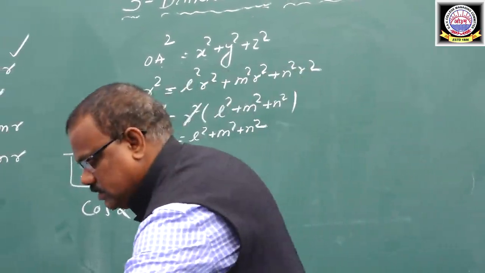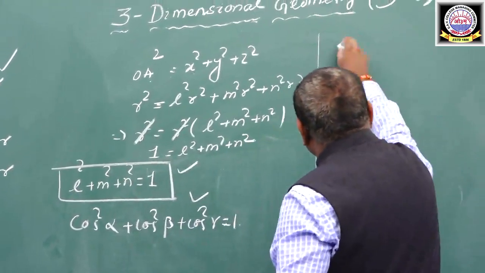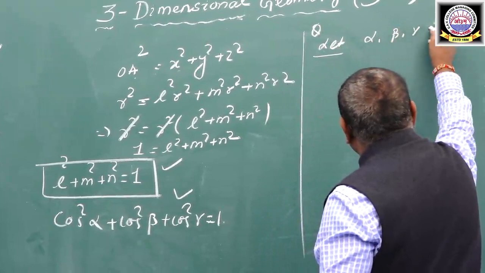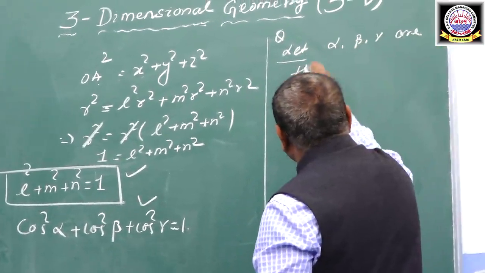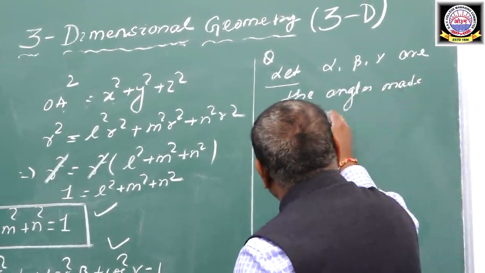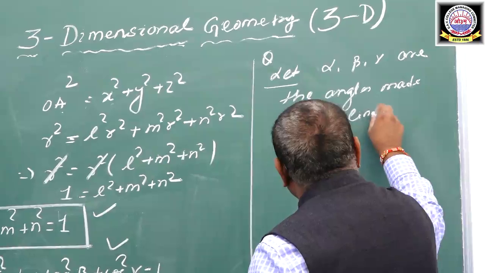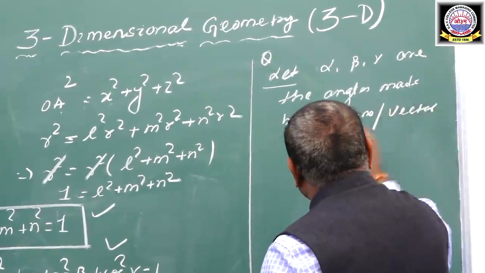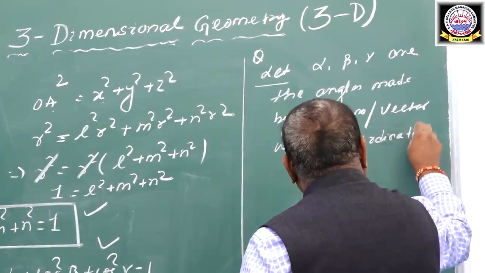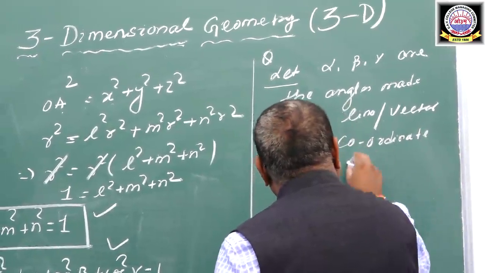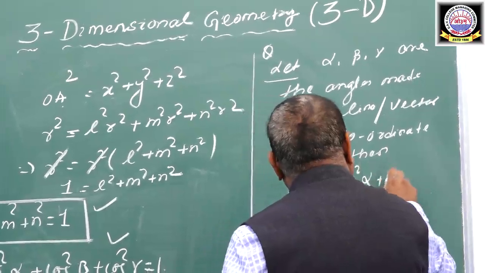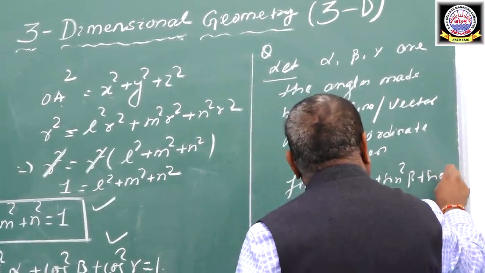Just to write down one more question. Let alpha, beta, gamma be the angles made by a line, or I am telling vector, with the coordinate axis, then find sin square alpha plus sin square beta plus sin square gamma.